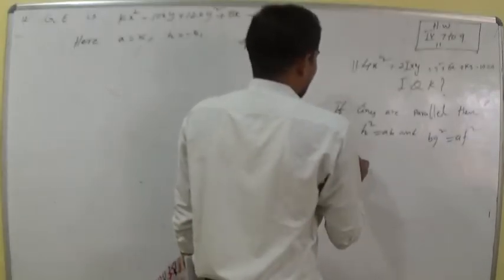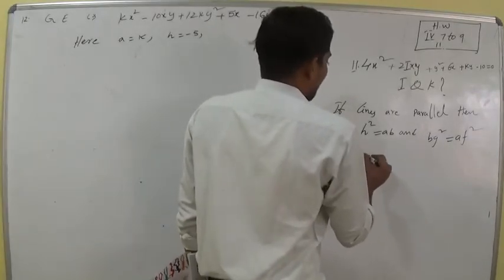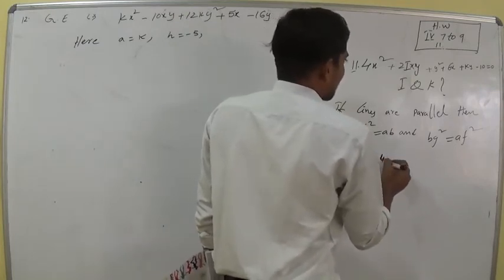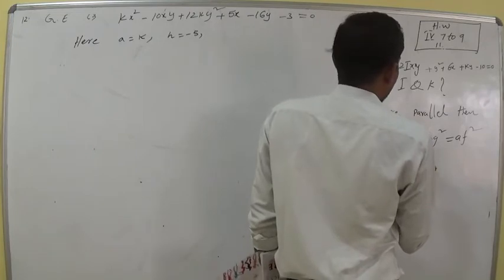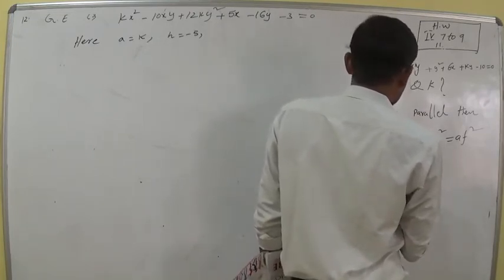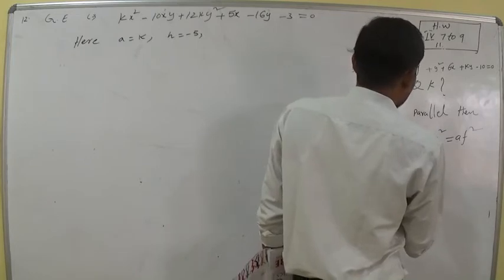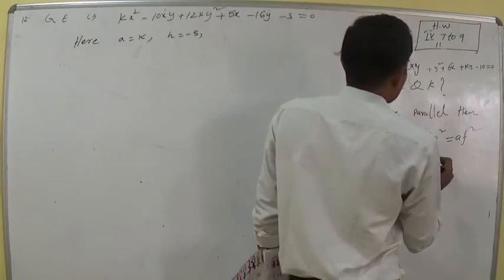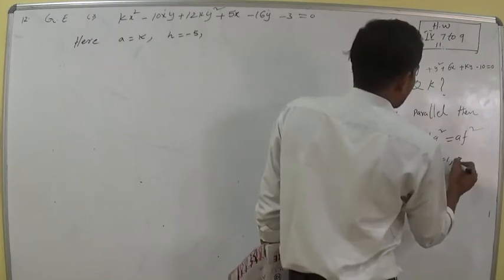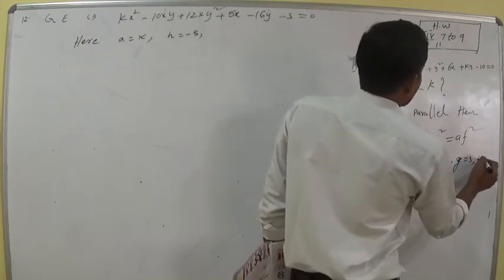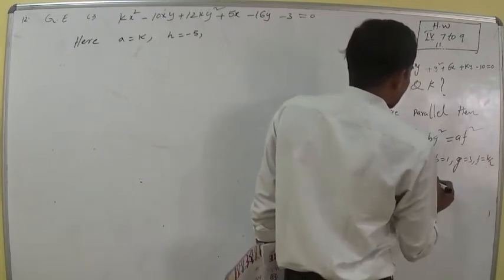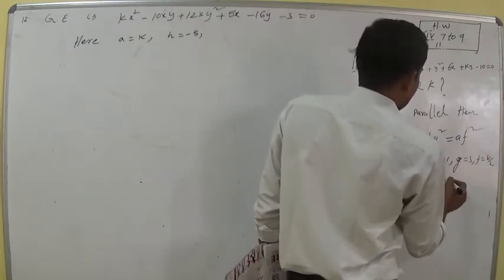Here a is equal to 4, h is equal to i, b is equal to 1 and g is equal to 3, f is equal to k by 2 and c is equal to minus 10.